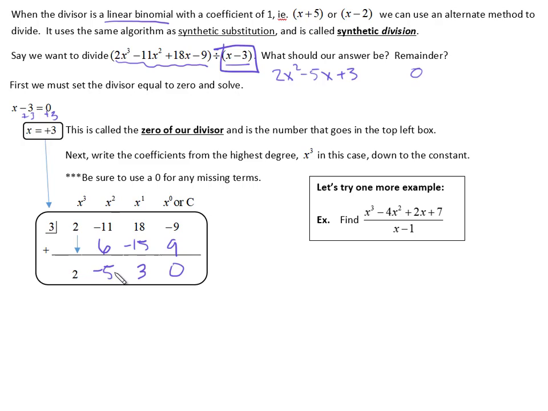And so if you look at these numbers, 2, negative 5, 3, 0, and look at what we're expecting our answer to be, 2x squared, negative 5x, plus 3 with the remainder of 0, we can see all those numbers right here. And in fact, this last calculation tells me the remainder.